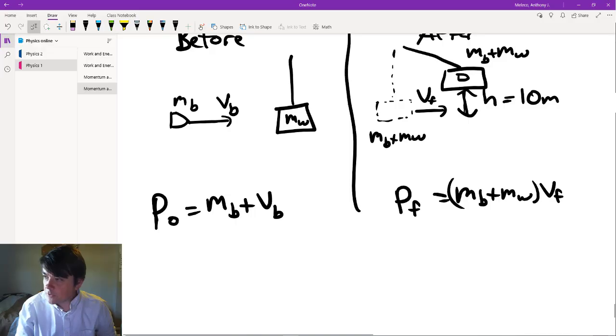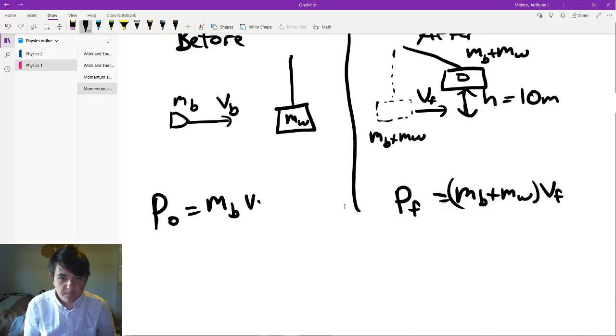And now what we need to do is we need the initial, whoops, I don't know why I added those. Sorry, it's mass times velocity for momentum. So we need the velocity of the bullet. What was the initial velocity of the bullet to cause this? So I'm going to go ahead and do VBO. Okay.